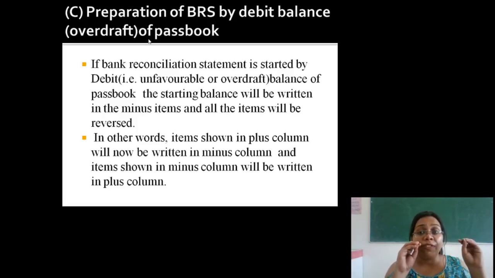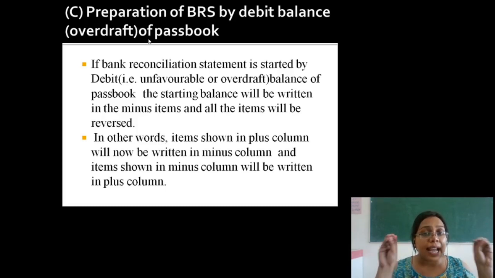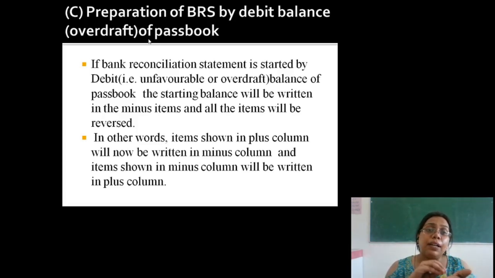Keep in mind, while preparing a BRS by debit balance as per passbook, every item that we were adding in cash book we will deduct here, and whatever item we are deducting here we'll add in passbook. In other words, items shown in the plus column will now be written in the minus column, and the items that are shown in the minus column will be written in the plus column. We will see this through an example.